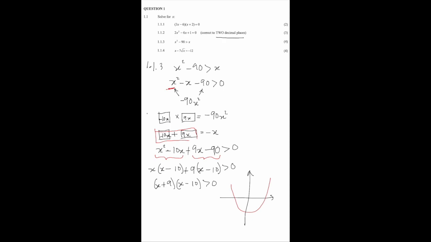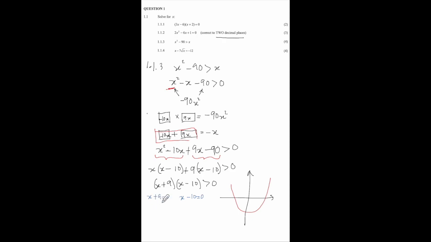So what I'm going to do then is locate these. The critical values here will be: I take this one, x plus 9 equal to 0, and then also I take this one, x minus 10 equal to 0.